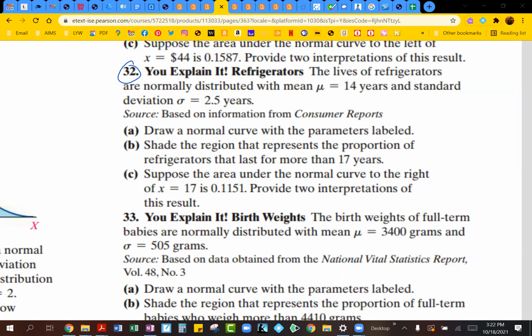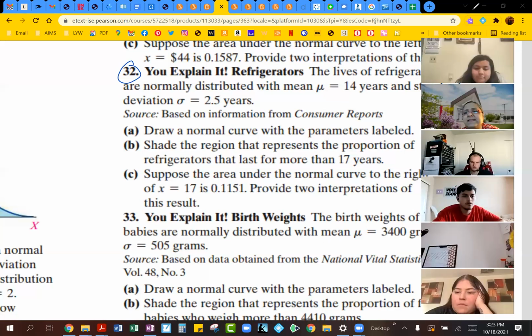So let's see how we can apply this idea of taking an application and converting the information they're giving us from what's given to us into a standard normal distribution, and then how can we use that normal curve to help us out. So they're telling us the lives of refrigerators are normally distributed. And remember, with examples like these, guys, they have to tell you that it's a normally distributed variable, right?